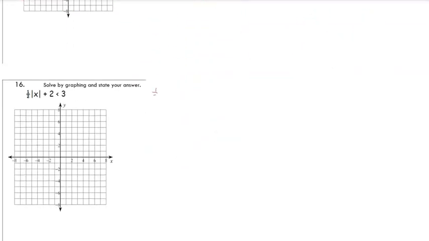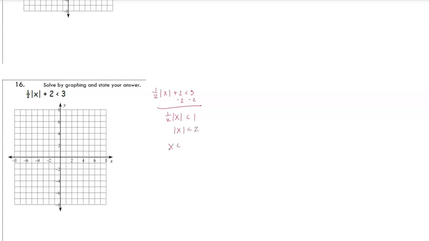Let's go ahead and solve this. I'm going to first solve it. Less than 1. Multiplied by 2.